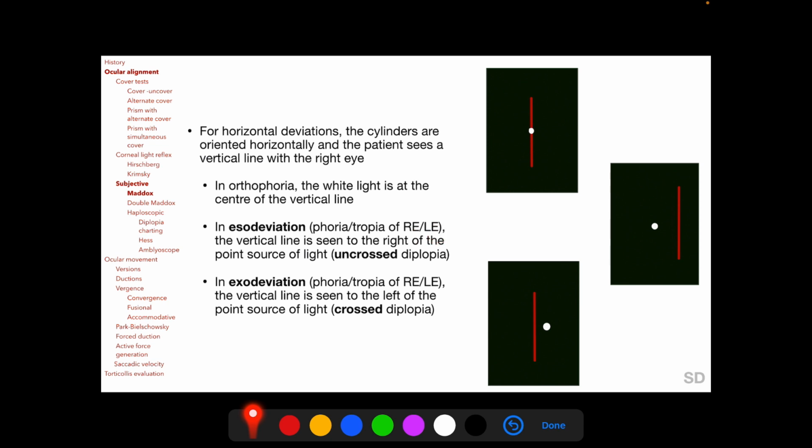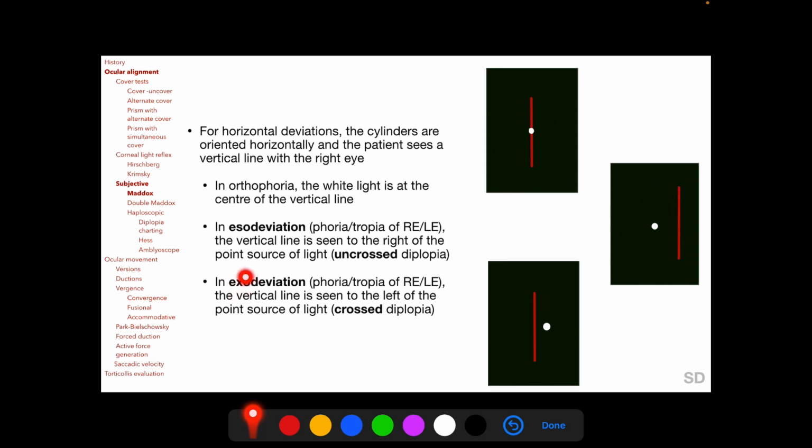In isodeviation, including isophoria and or isotropia of either the right eye or the left eye, the vertical line seen by the right eye lies to the right of the point source of light seen by the left eye, and so it is called an uncrossed diplopia because the right eye image lies to the right of the left eye image.